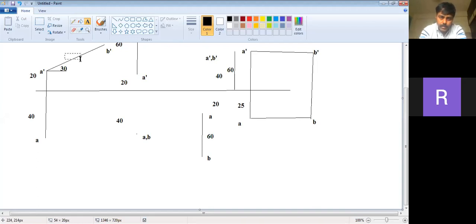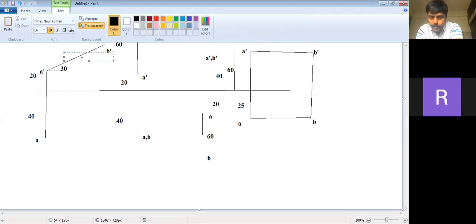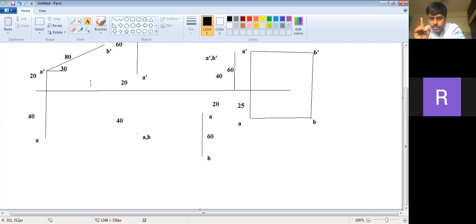So from A dash with 80 mm I cut that 30 degrees line with the compass. Now you see, this line A dash B dash is 30 degrees to HP. HP means above the XY line; I drew 30 degrees above the XY line. So it is 30 degrees to HP and line length is 80 mm.